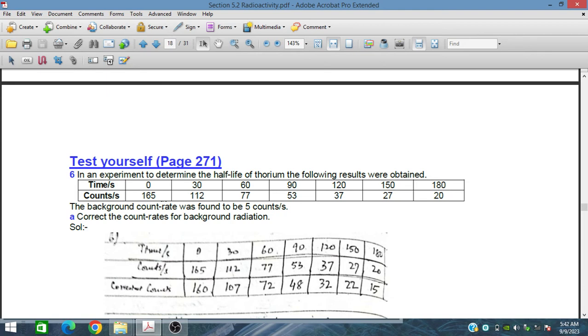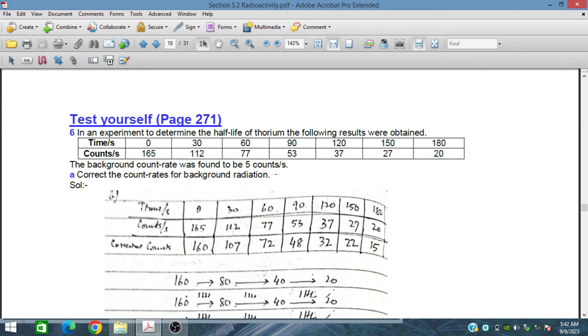Again, in this test yourself problem on page 271, in an experiment to determine the half-life of thorium, the following results were obtained. At t equals 0, 165 counts; at 30 seconds, 112; and at 180 seconds, the count was 20 counts per second.